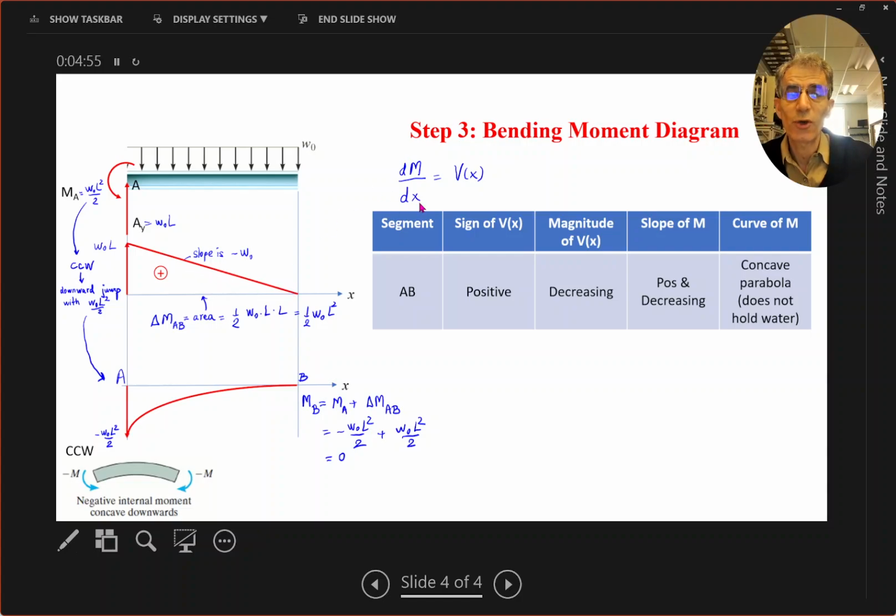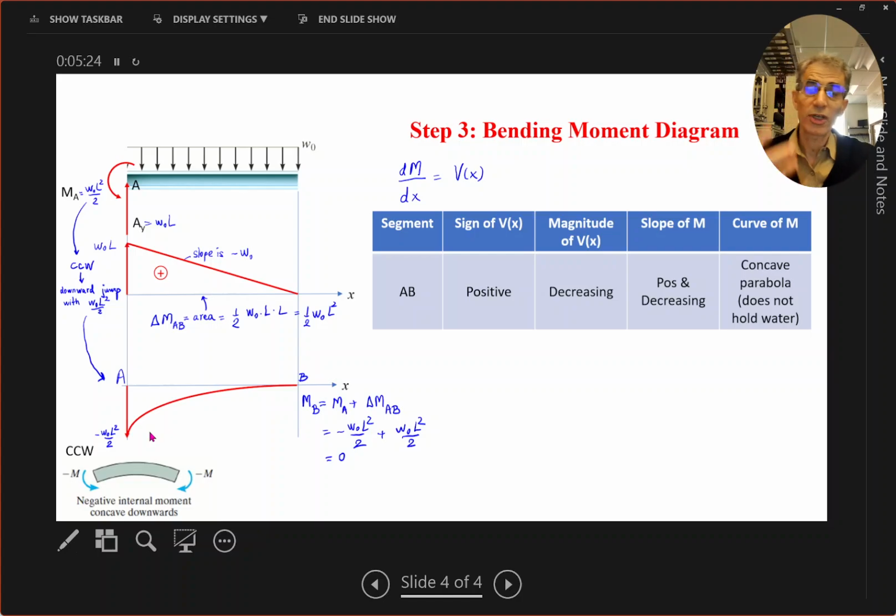So the slope of this bending moment is not going to be constant anymore. It's going to keep going down. As we see here, it's decreasing. So we are expecting a parabola this time, where the slope everywhere is positive, and the slope is decreasing.